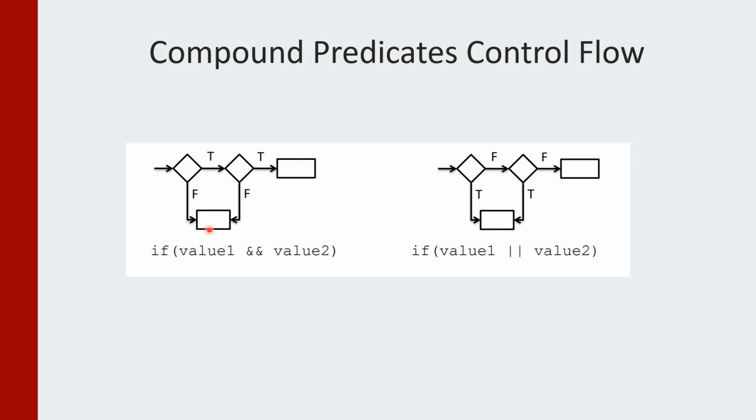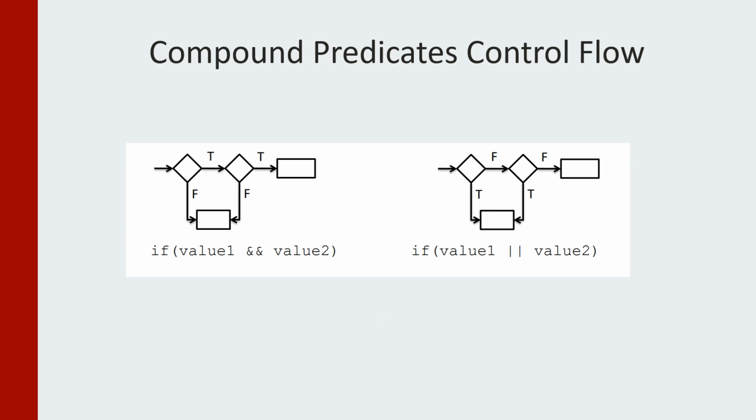And if either of the diamonds are false, I do something else. On the other side, I have if value 1 or value 2, where if both are false, I'm going to continue to do whatever this statement is. But if either are true, then I will go into this block that allows me to go inside my if statement body. Right? So in this case, I've broken out some slightly more complicated if statements.